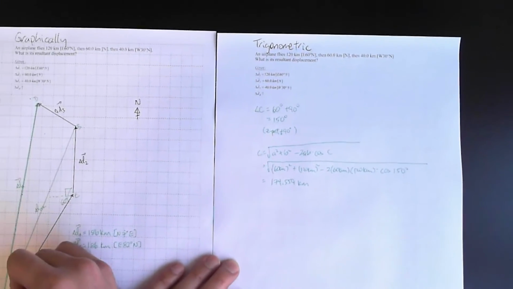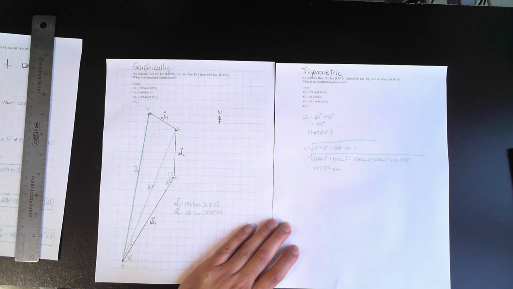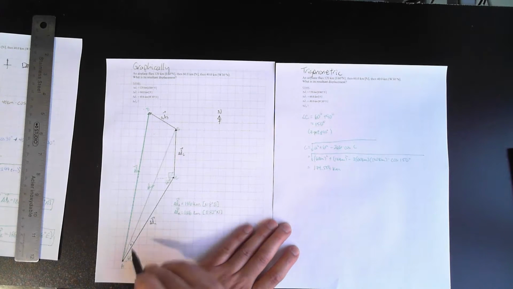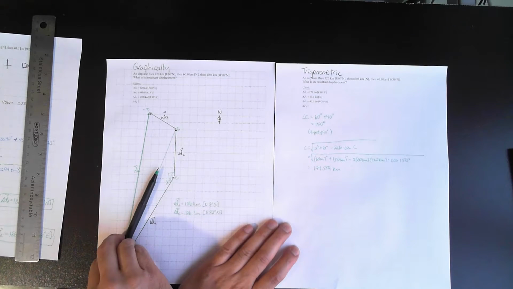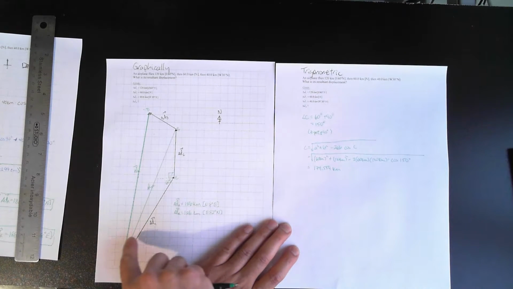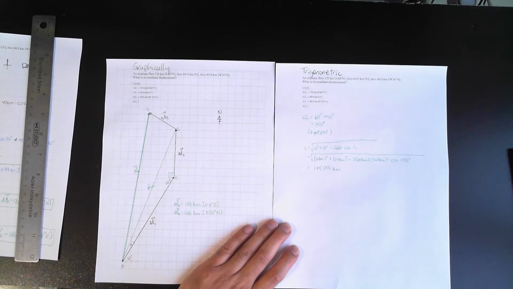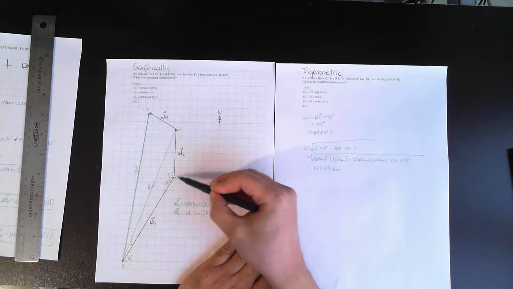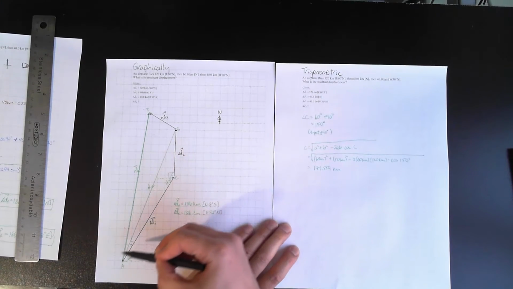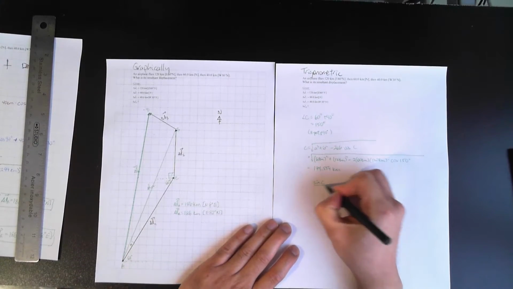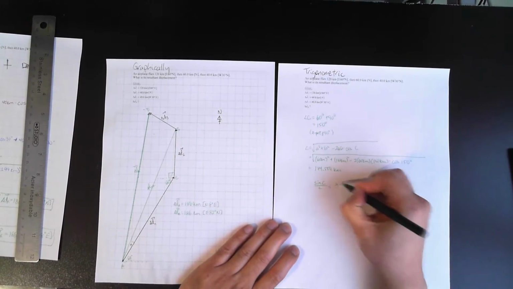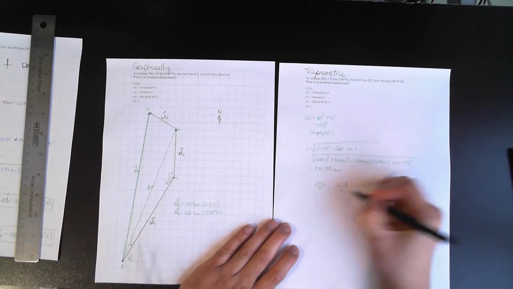Okay, so we're trying to look for that angle over there. So we're trying to look for angle A. All right, and after we solve for angle A, since we need to figure out the projection of this vector over here, we need to add angle A with an additional 60 degrees. So we need to use the sine law for this, and we're going to do the sine of C over C is equal to the sine of A over lowercase a.